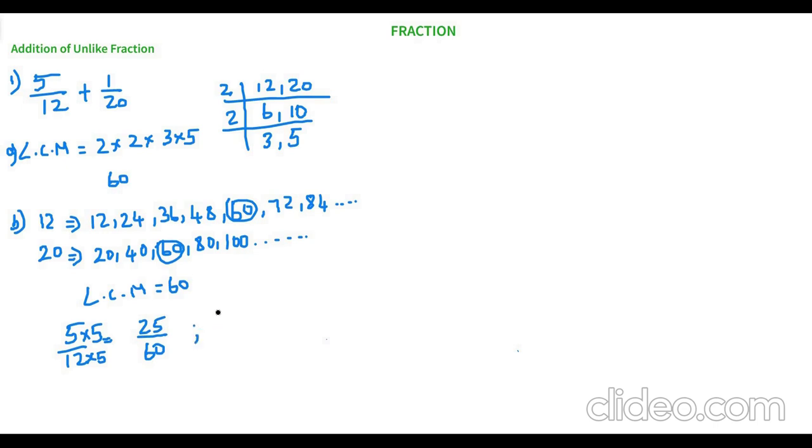Now the second fraction, which is 1 by 20. Here 20 also has to become 60. So 20 times 3 is 60. Same thing I'll do with the numerator: 1 times 3 is 3. So now we have made both like fractions. Now we have 25 by 60 plus 3 by 60. Now we can add them up and we get 28 by 60.